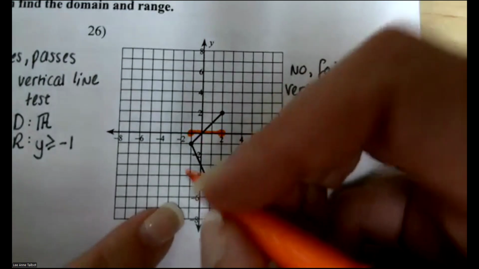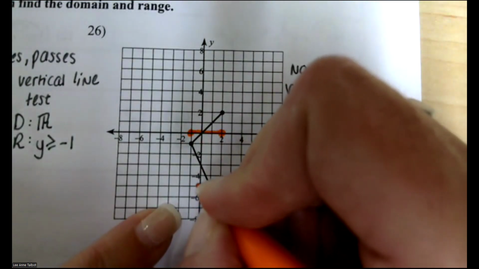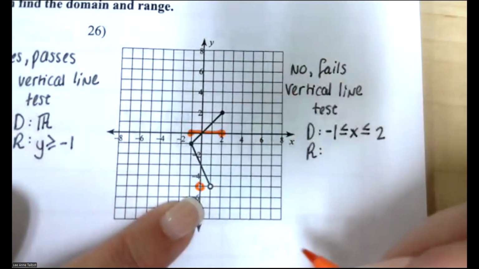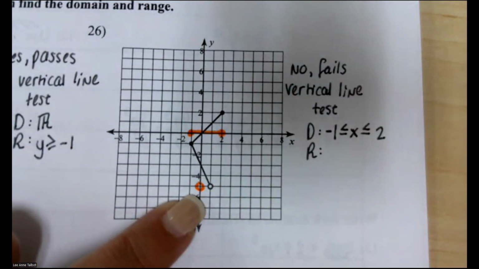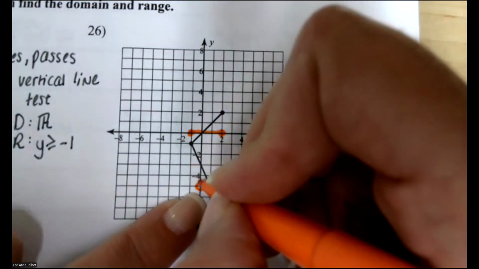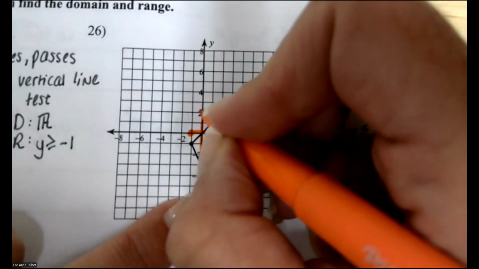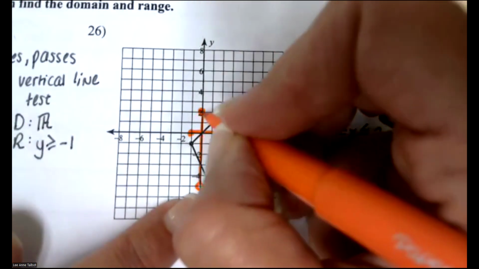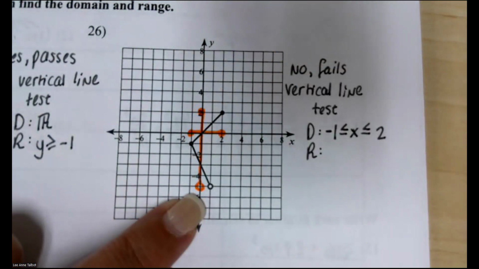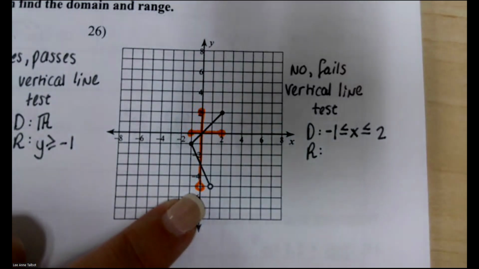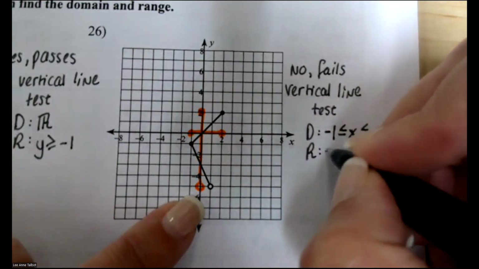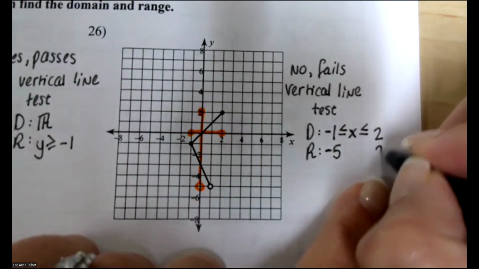Okay, the range goes from here, but it's open. So make sure that your circle looks obnoxiously open so you can tell. And goes up to the top of 2. So -5 to 2.